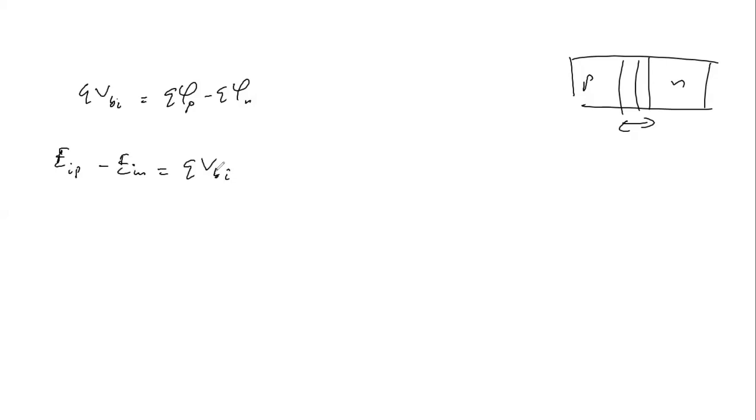And once we run through the manipulation, I'll just say P naught will be the same as Ni e to the power of E sub I minus the thermal energy. And for the N naught, we have Ni e to the power of E sub F minus E sub I divided by KT.